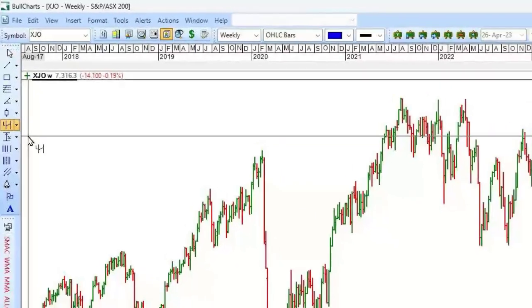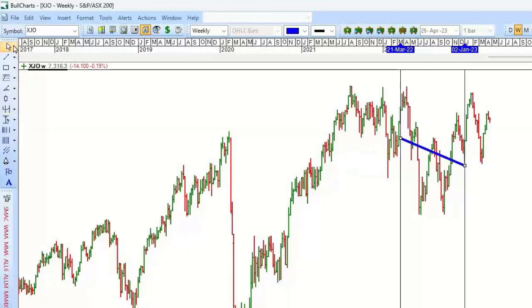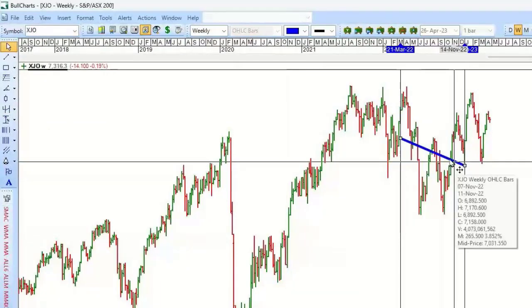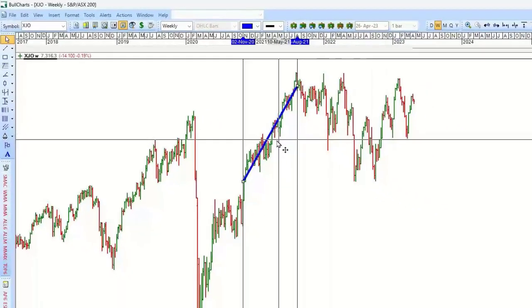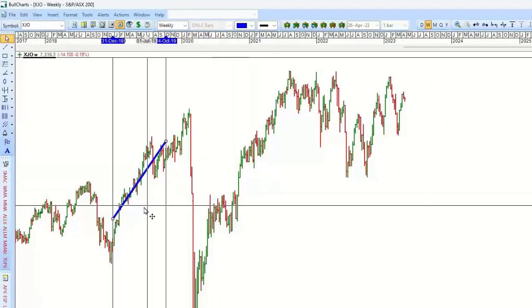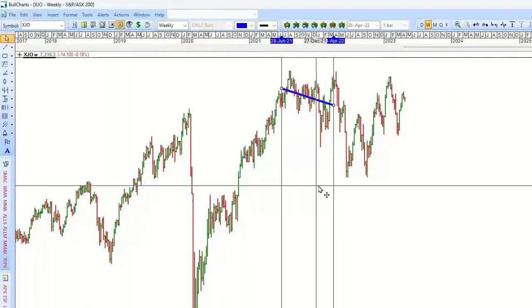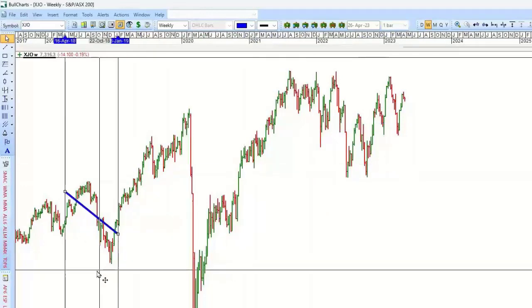I click the top one, I get a linear regression, and I can place that onto the screen. When you drag that across the screen, you see that the linear regression line wiggles up and down and is giving you, if you like, the slope of that section of the chart. And oh, that's quite interesting.